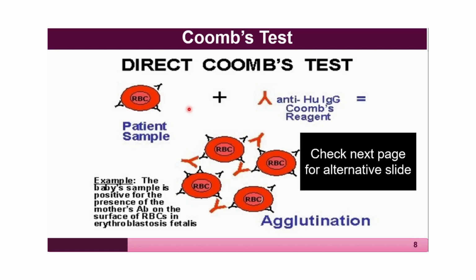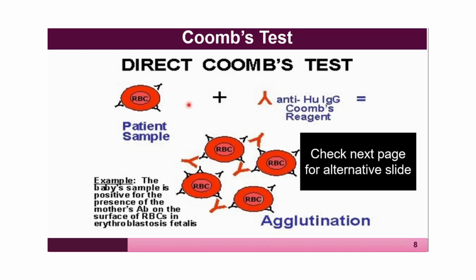And that anti-human IgG will react with the Rh antibody, which in fact binds to the Rh positive red blood corpuscles. Now let us take what is the direct Coombs test.